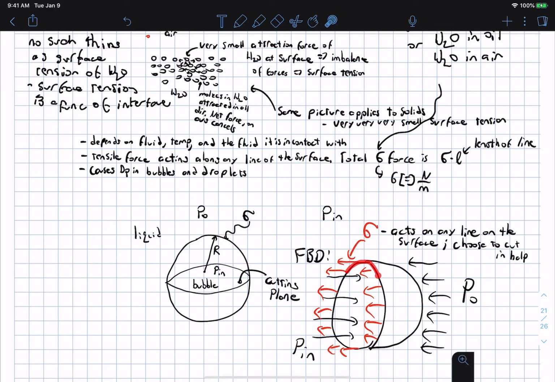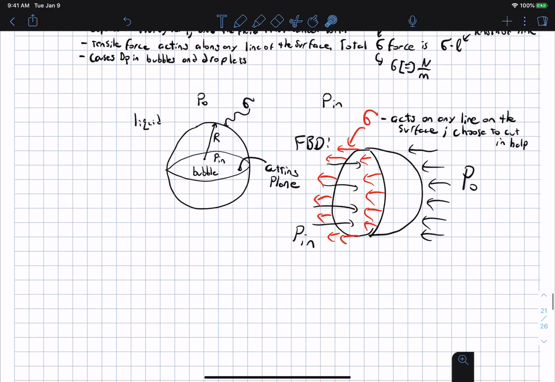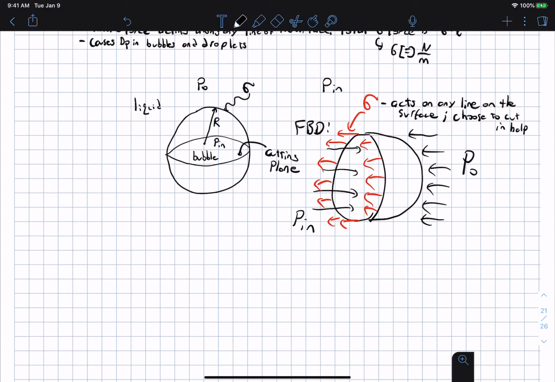This contact line is the line on the circumference. So there's a net surface tension force, and that is a net tensile force. It's not compressing it; it's actually trying to pull the surface together.